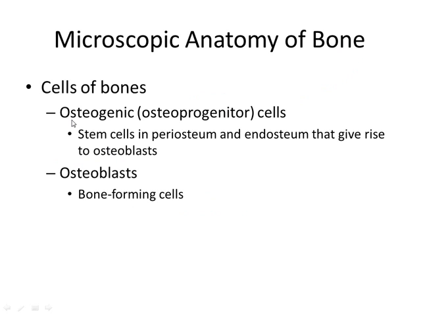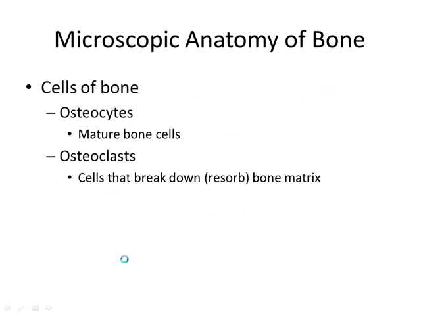We have osteogenic cells. They're also called osteoprogenitor cells. They're basically stem cells that become something else, and they become osteoblasts. Osteoblasts, again, are the bone-forming cells, and I'm going to say this over and over again until, when I say osteoblast, you know I mean bone-making, bone-forming, and when I say osteoclast, you know it's the other, the breakdown cells.